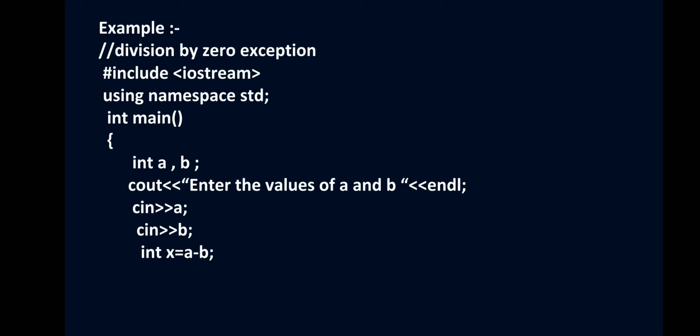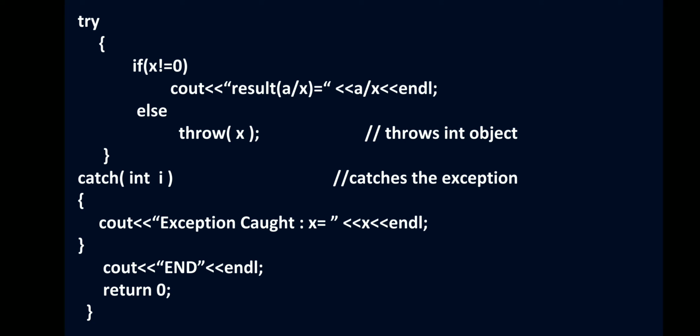Now, if you see this program, I have read two values from the keyboard, A and B, and then I have calculated a value called X. The value of X is A minus B. So here the condition goes like this: if X is not equal to 0, X is the denominator.